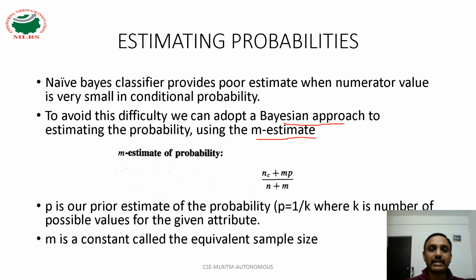That M estimate of probability is (nc + mp) divided by (n + m), where p is our prior estimate of the probability. p is equal to 1 by k, where k is the number of possible values for the given attribute. m is a constant called the equivalent sample size. So by taking these things, we can avoid the difficulty of poor estimation of the naive Bayes classifier.